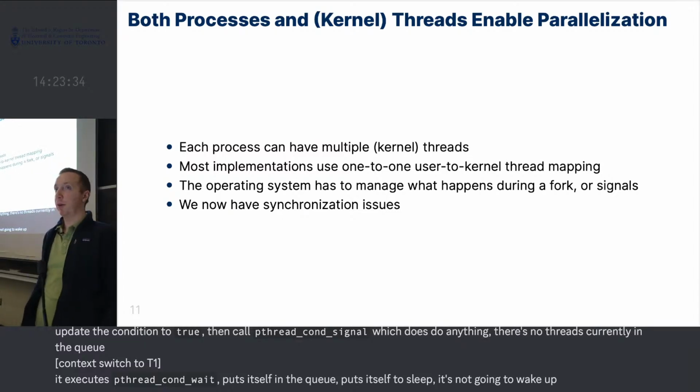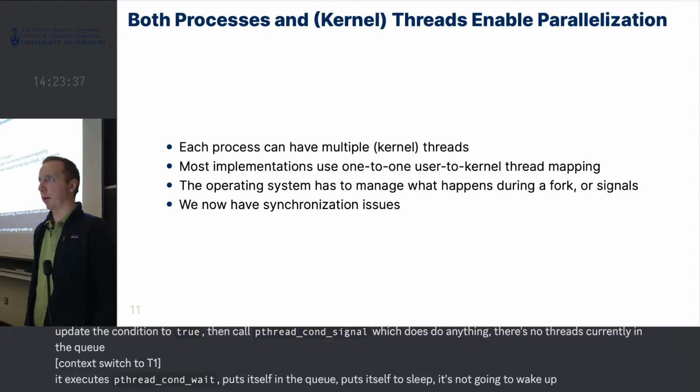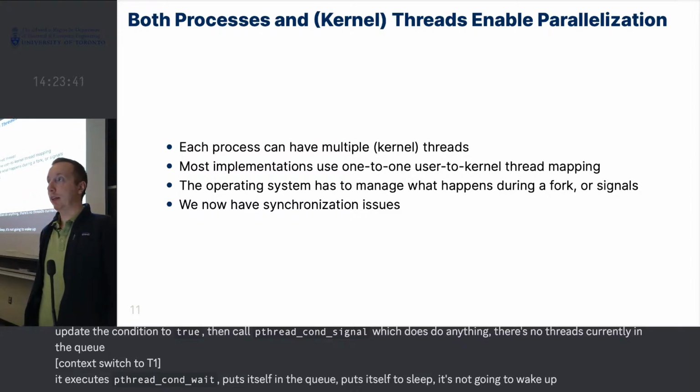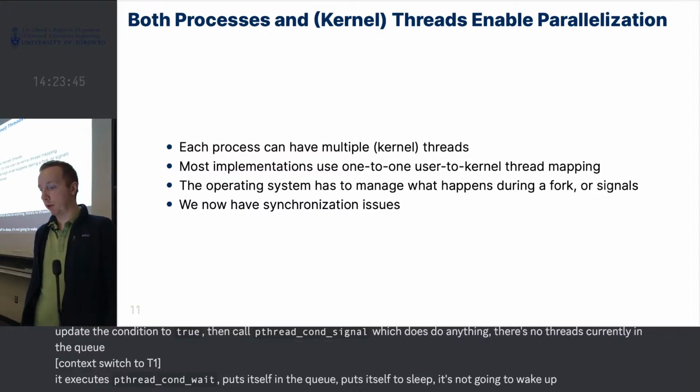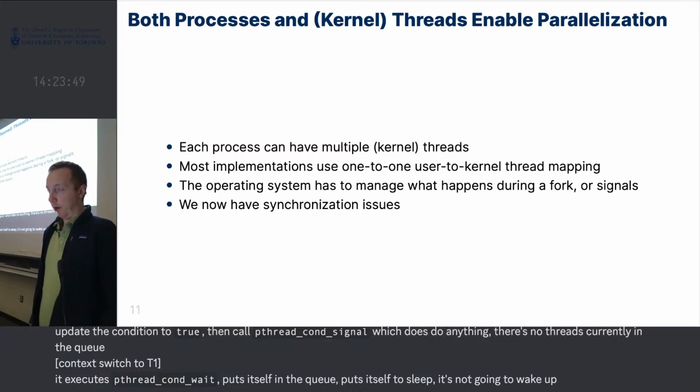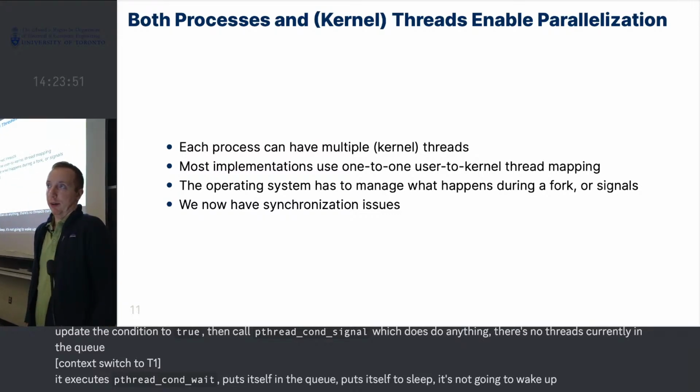If you have pure user threads, like what you are almost done with in Lab 4, that's many-to-one: many user threads get mapped to one kernel thread, which is just the main thread. In that case, the operating system has no idea that your threads exist, so if one user thread blocks, the whole process blocks, and no other threads can make progress.